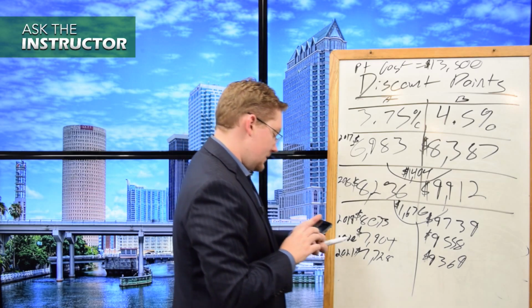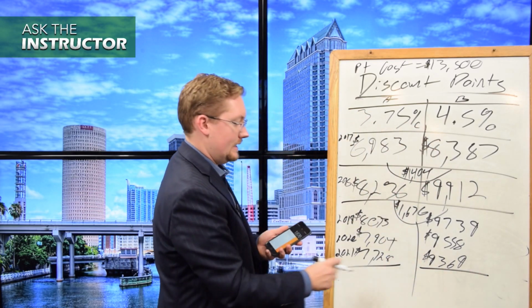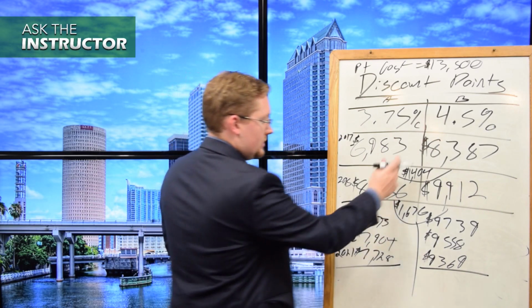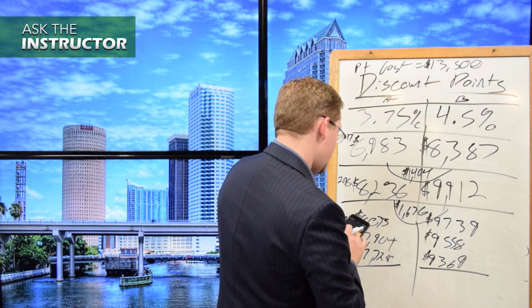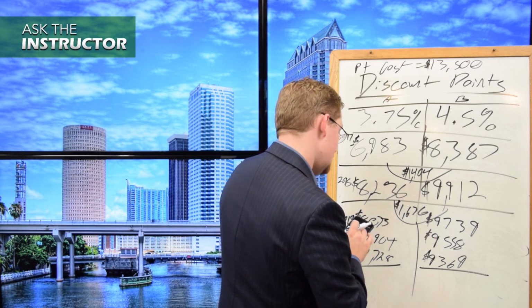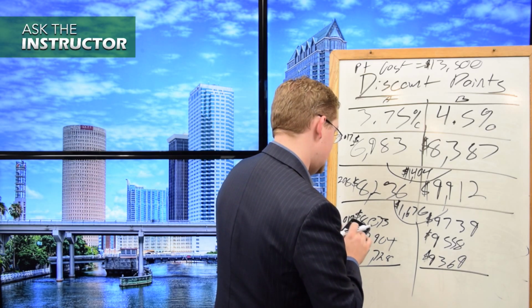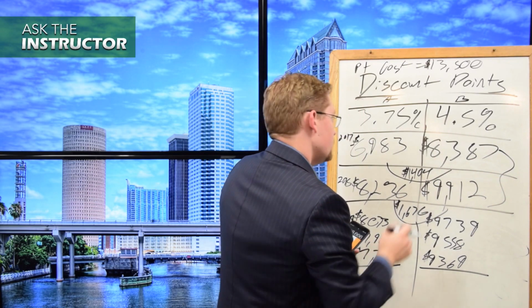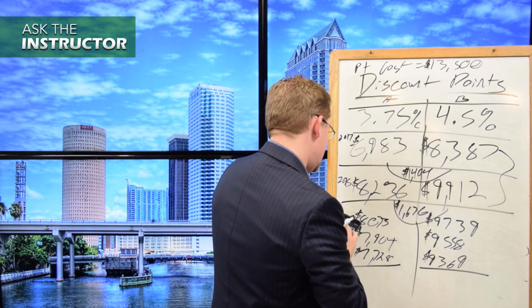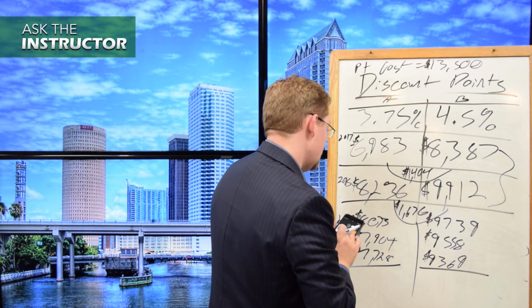So real quick now, let's go ahead and we're going to actually skip through these because we can just add all 3 of these together and then subtract one for another, and then we'll just add that to about our $3,000 that we have there. So we're going to do $97.39 plus $95.58 plus $93.69. And while we're at it, let's just add these 2 in here as well. So we're going to add the $83.87 and the $99.12.